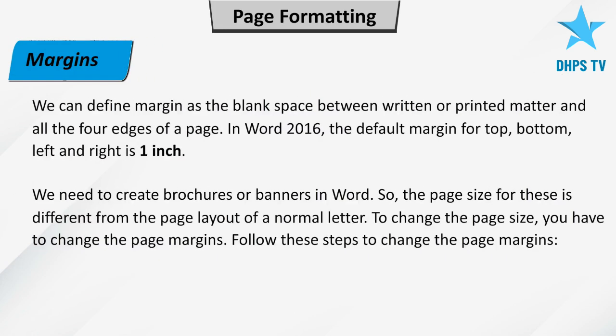Margins. We can define margin as the blank space between written or printed matter and all the 4 edges of a page. In Word 2016, the default margin for top, bottom, left and right is 1 inch.